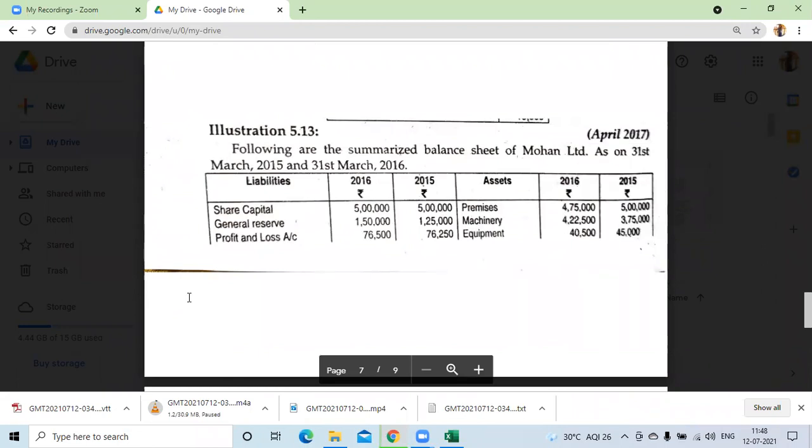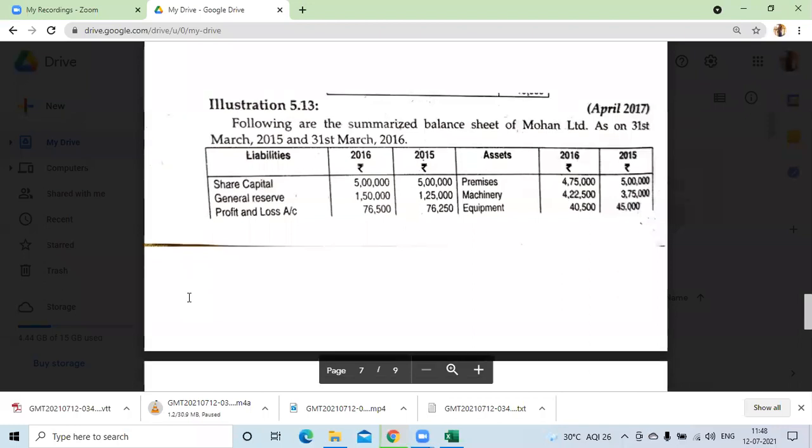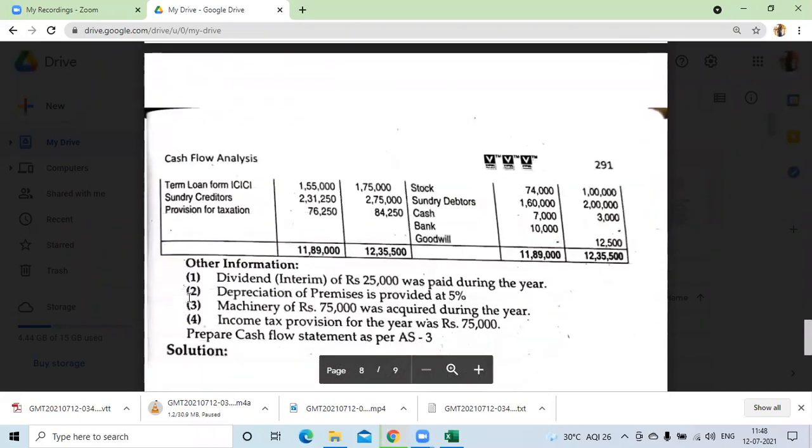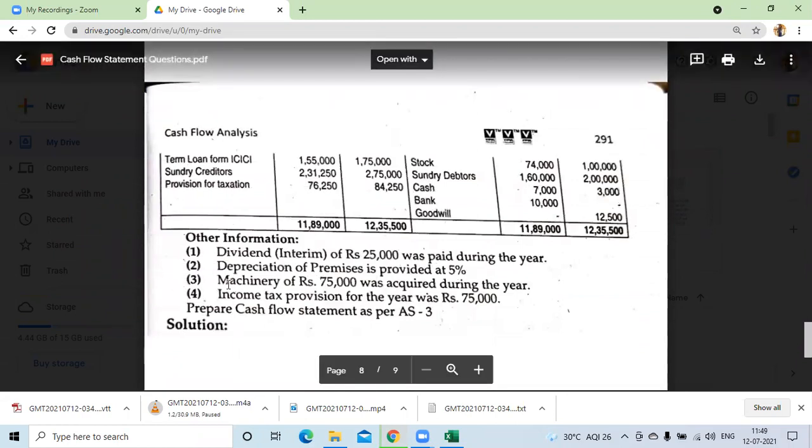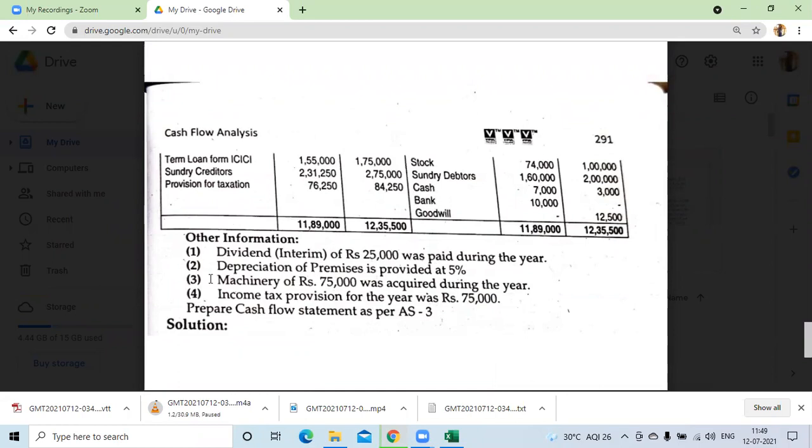Because suppose 10 students are doing it and 5 students are not doing it, then the loss of those 5 students, I will not be able to take that loss, because I will start that sum only with the doubts. Suppose if somebody has doubt in adjustment number 3, I will explain only adjustment number 3. That's it.